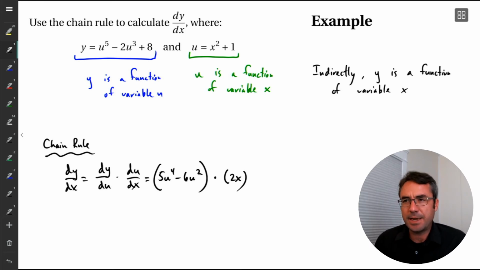And now when we look at this, we have some u terms here and some x's here, and we want to be consistent with our variables. If we look at the derivative we're actually trying to calculate, it's the derivative of y with respect to x.